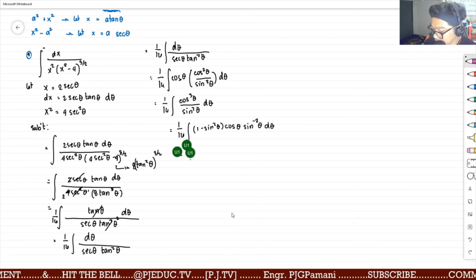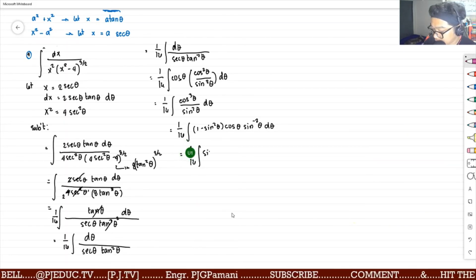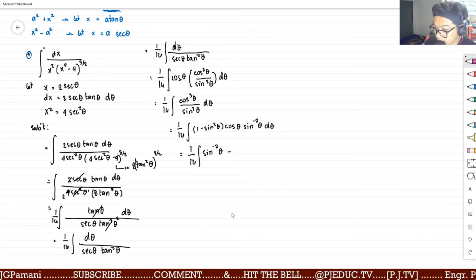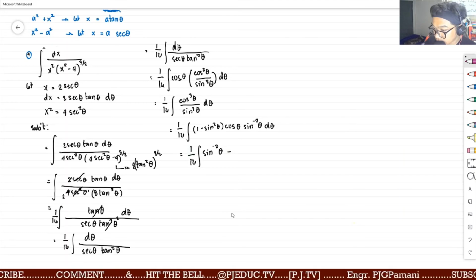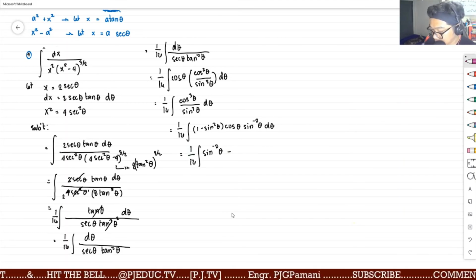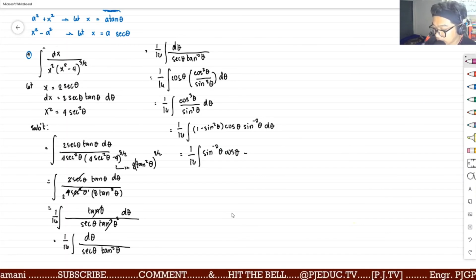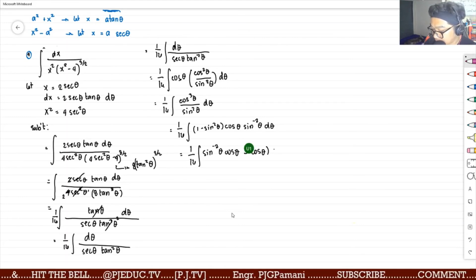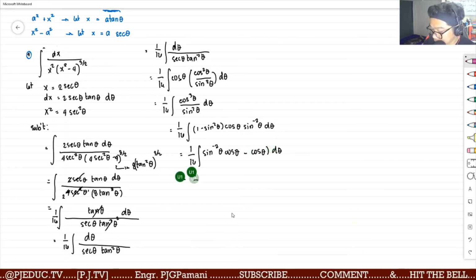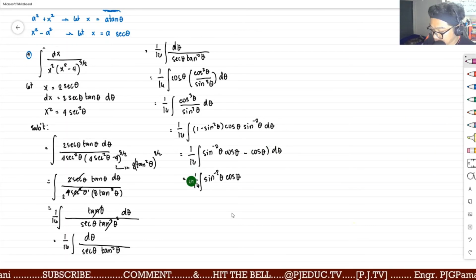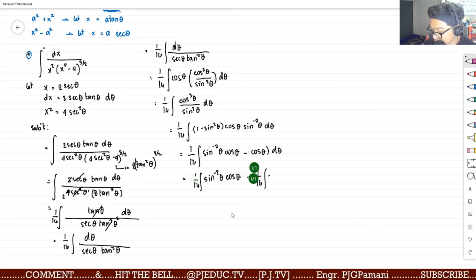Distribute 1/16 of sine -2 theta cosine theta minus sine 2 theta times sine -2 theta of cosine theta, so minus cosine theta d theta. Distribute lang natin si antiderivative sine raised to -2 theta cosine theta minus 1/16 of cosine theta.